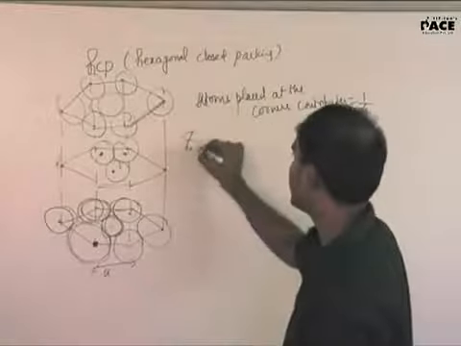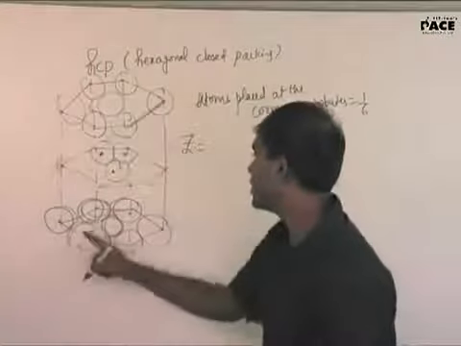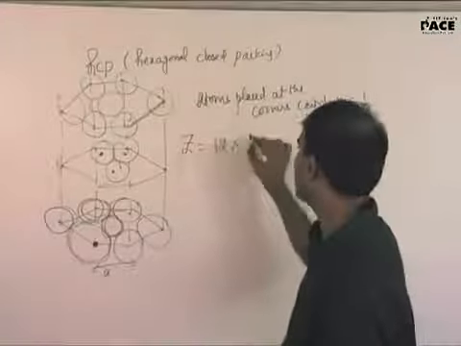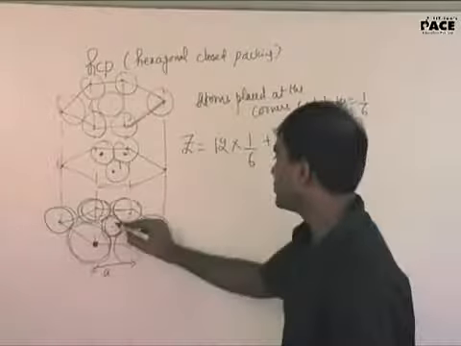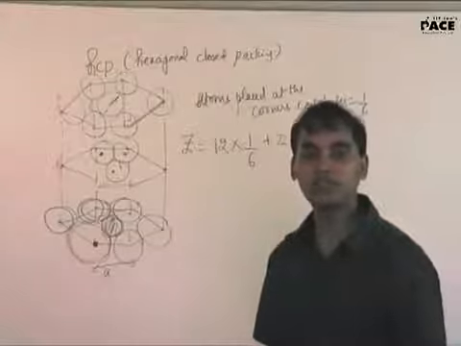So if I say what is Z for this, I can count 1, 2, 3, 4, 5, 6, 7, 8, 9, 10, 11, 12. So 12 atoms at corners and contribution is 1/6, plus 2 atoms, this and this, contributing how much?